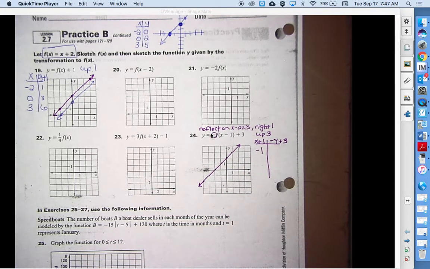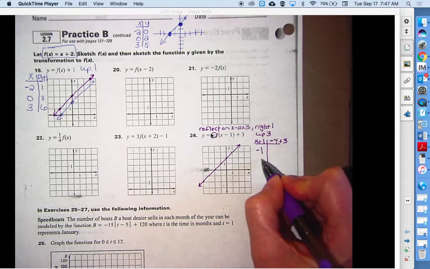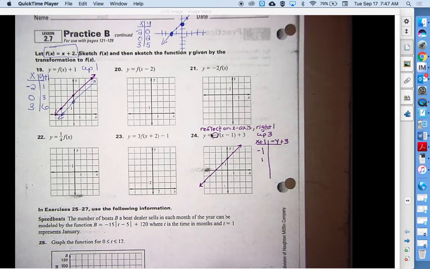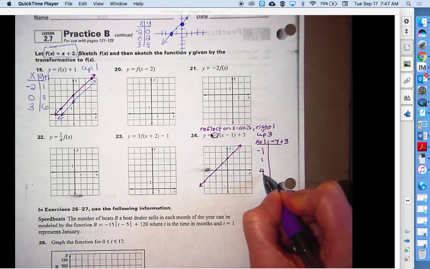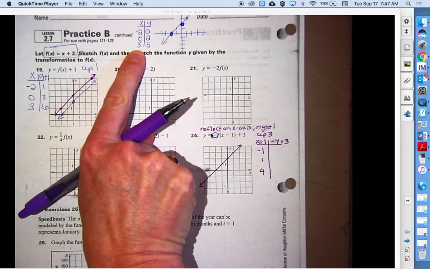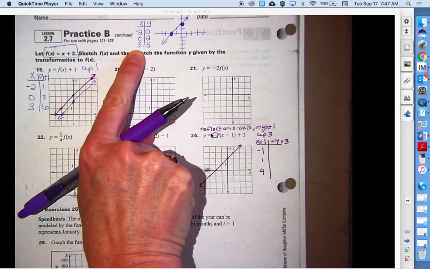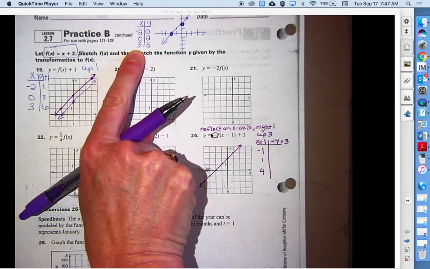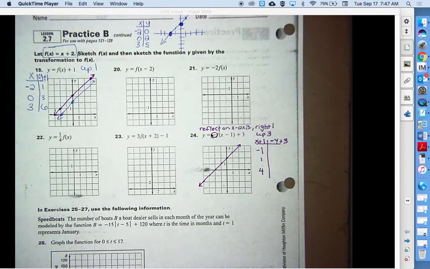My second original x was 0, adding 1, now it's 1. My third x was 3, so if I add 1, now it's 4. So I'm taking these x values at the top of my page in the T-chart and just adding 1 to x, because that's what it means if it's moving to the right. With the y, I have to first make it negative, and then I need to add 3 to it.